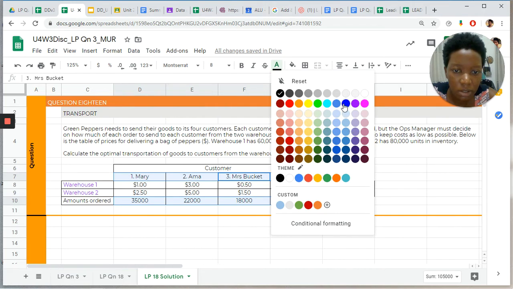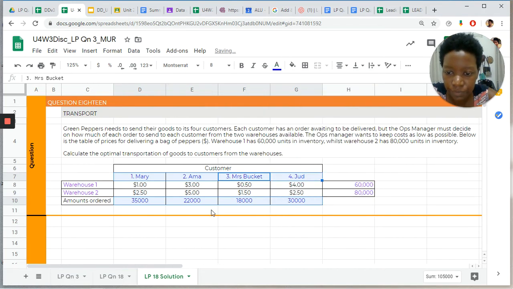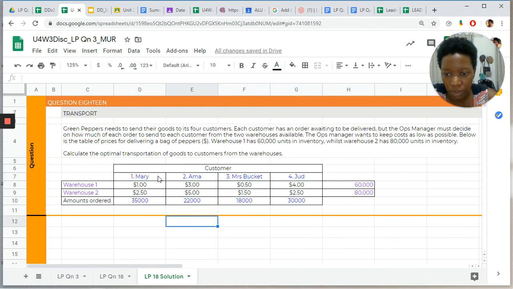Let's make this blue. Okay, so in blue, you've got each customer and their capacities, in terms of this is how much they've ordered, this is how much they must get. In the rows, you've got the warehouses and their capacities in terms of how many units they have available. Inside, you've got the constraints around how much it costs to get to each customer from each warehouse.